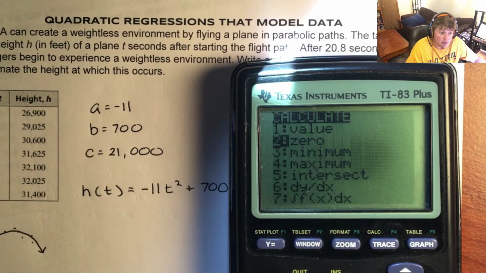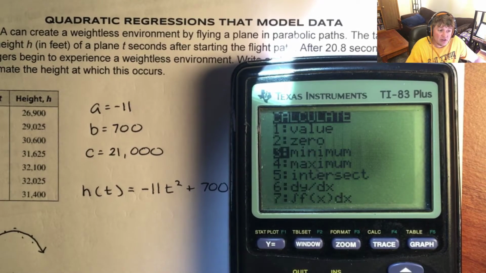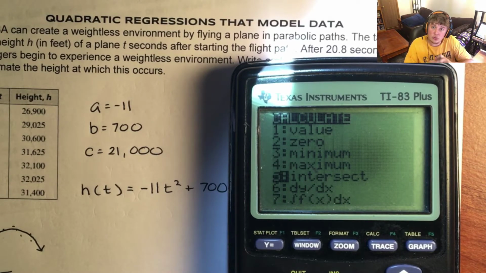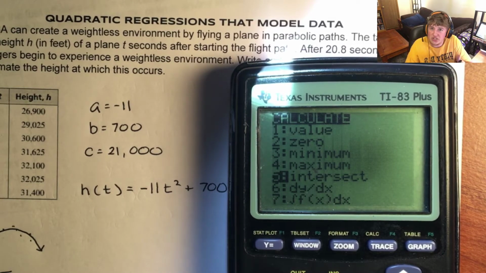Zero is going to find where it crosses the x-axis. Minimum is going to find the vertex when it's a minimum point. Maximum is going to find the vertex when the vertex is a maximum. And then intersect is going to find where two graphs cross each other.